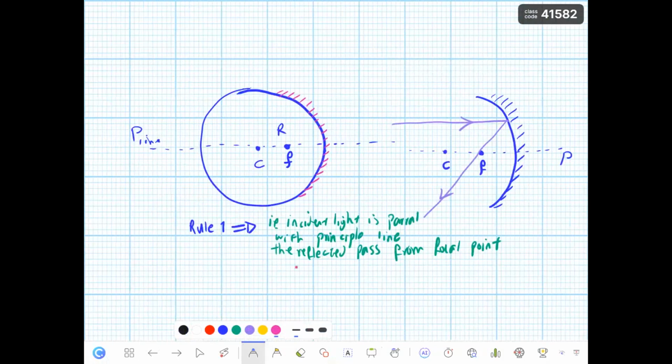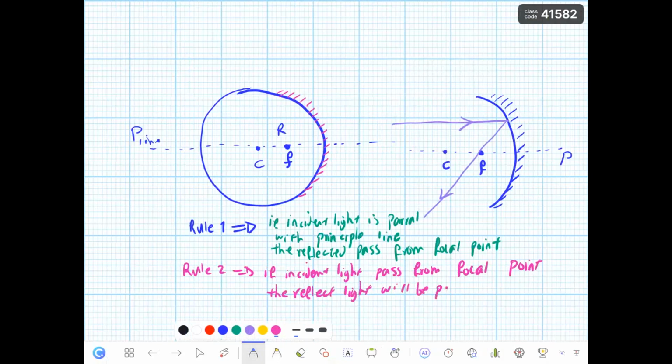Rule number 2: if incident light passes through the focal point, the reflected light will be parallel to the principal line.